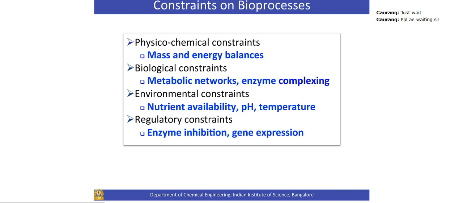Then we have environmental constraints, namely nutrient availability, pH, temperature, and so on. In addition to all these constraints mentioned, there are something called regulatory constraints. For example, these enzymes which I mentioned earlier, which are the catalysts, are subject to activations and inhibitions. This is how cells will control whether they send glucose to insulin or not.